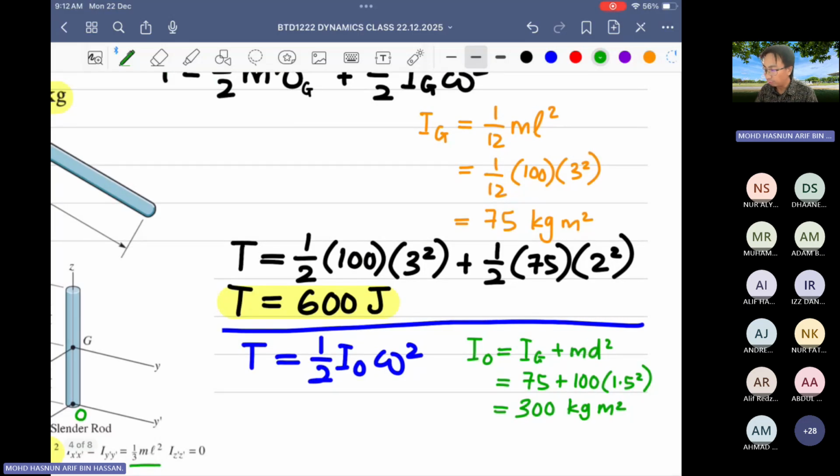Then we can substitute the value in here. So this will be 1 over 2, IO is 300 and omega square is 2 square. Omega is the one given in the question.